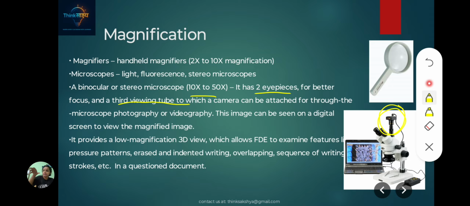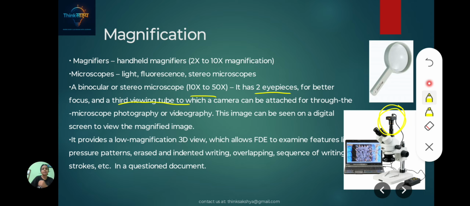On this we can place our camera on top and it will record what is beneath or on the slide, and we can connect it with a computer or a monitor which will show us a very enlarged picture of the document. So with that we can analyze very minute details.